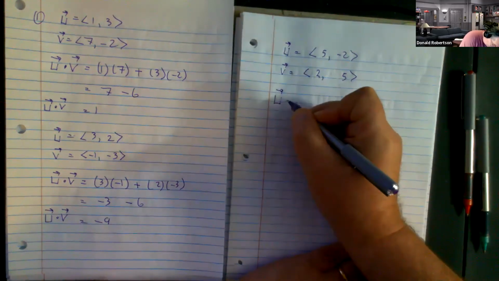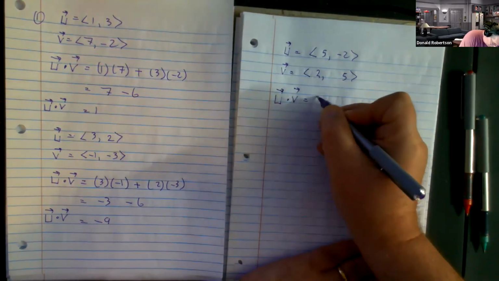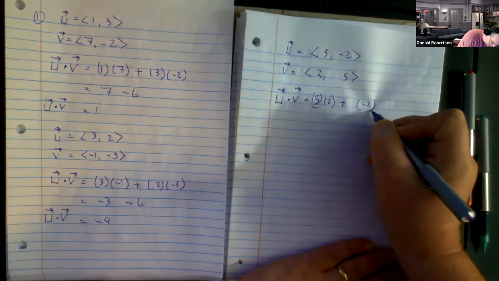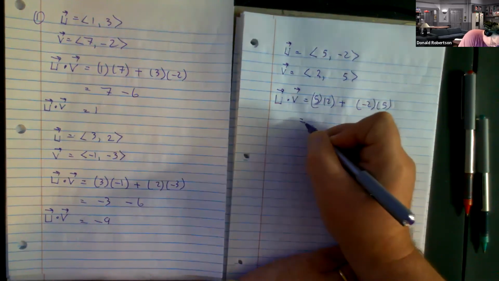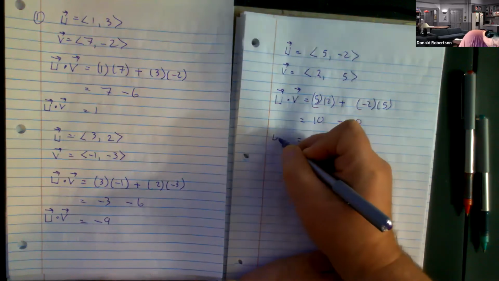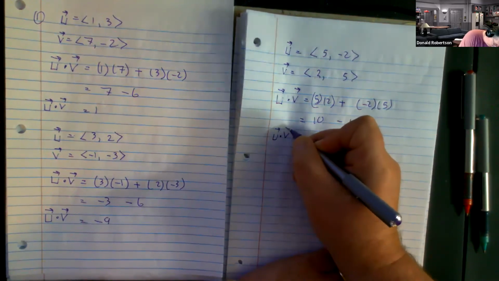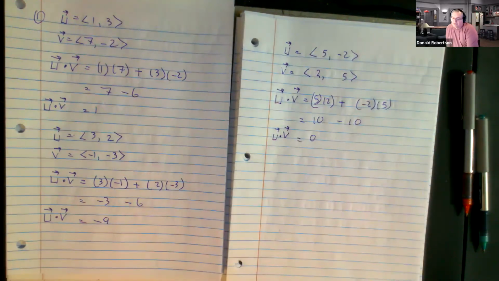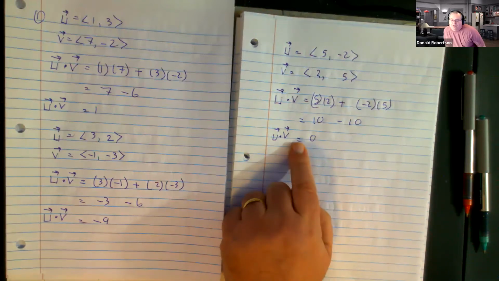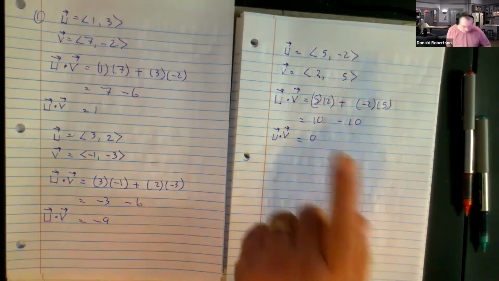If you do this dot product, you get 5 times 2 plus -2 times 5, which is 10, take away 10, you get 0. So a dot product can basically be any number in the universe. You can get positive, negative, and zeros. All things are possible. But why is this one kind of more interesting?